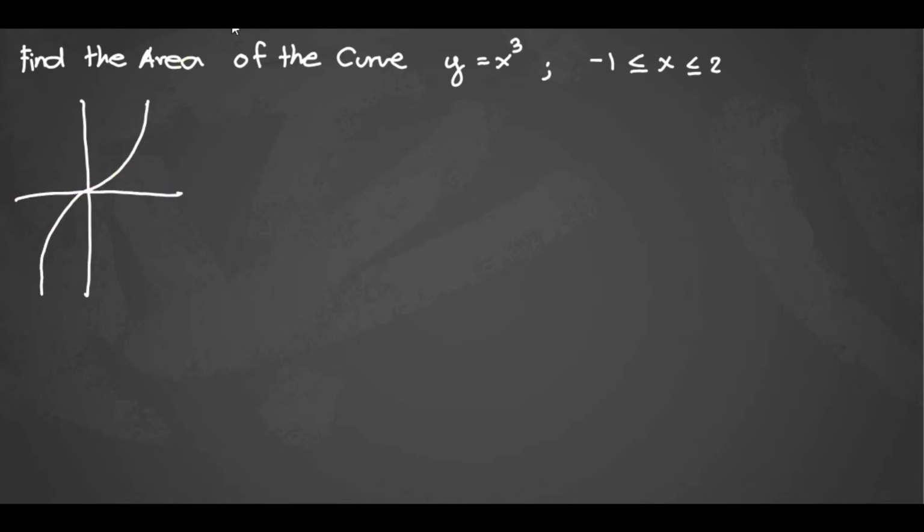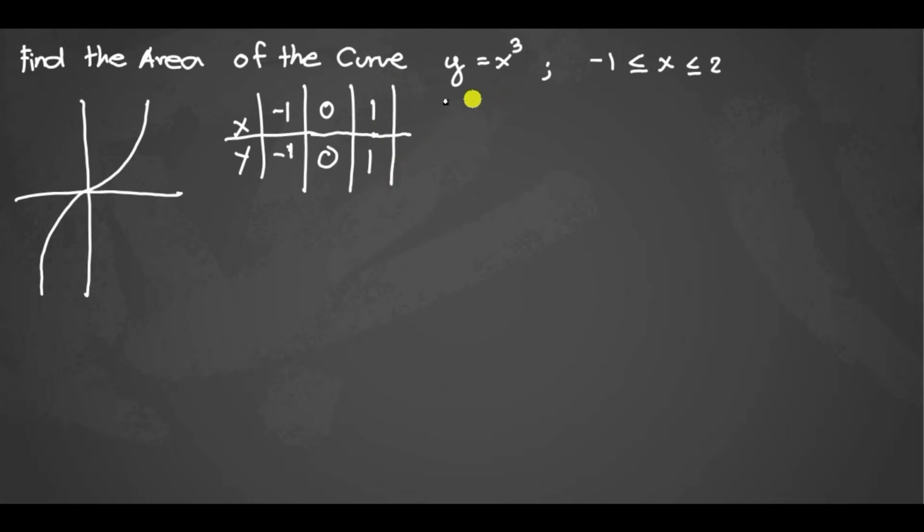In order for us to verify this assumption, we need to set a table of values of x and y. Using the bounded region, if x is negative 1, then y is equal to negative 1. If x is equal to 0, then y is equal to 0. If x is equal to 1, then y is equal to 1. And if x is equal to 2, then y is equal to 8.